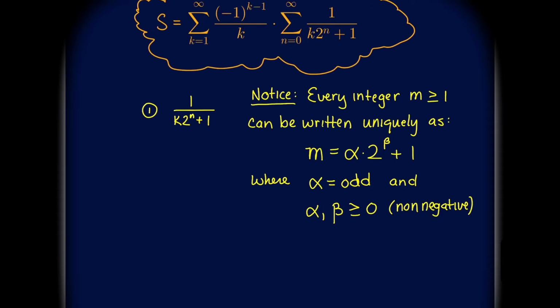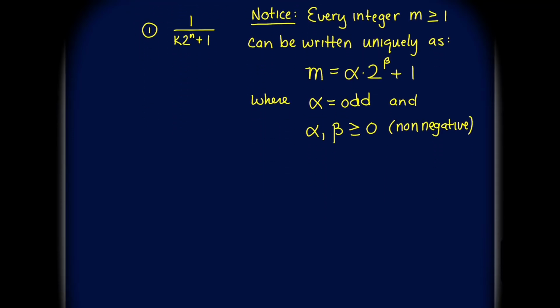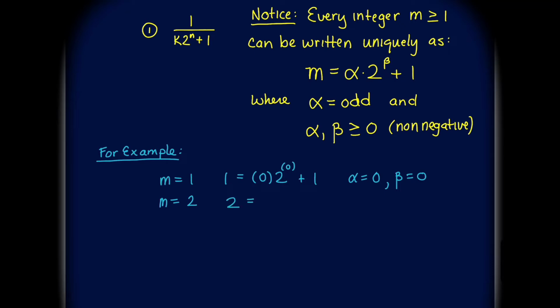So to show you that any integer can be written uniquely like this, let's do a couple of examples. Let's say we have m equals 1. A very obvious case would just be 0 times 2 to any power plus 1 would give us 1. How do we get 2 out of this linear combination?